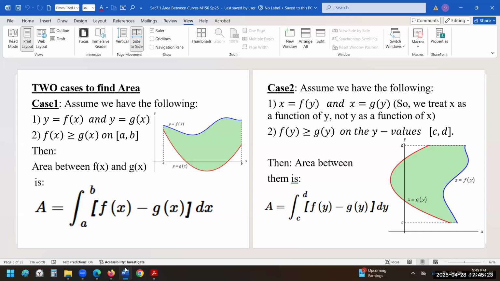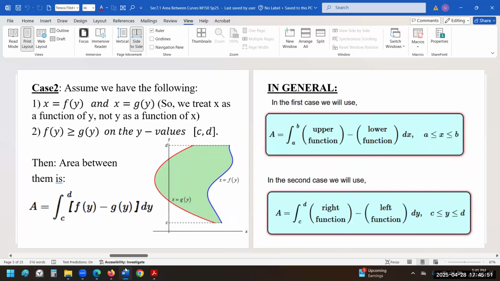Okay? That's the scenario behind what you're going to do today. If you have the left scenario, take the antiderivative with respect to x, so we are going to have dx. And if we have y as the independent variable, we are going to take the antiderivative with respect to y. So we're going to have dy, and our limits will be the y values. Question?